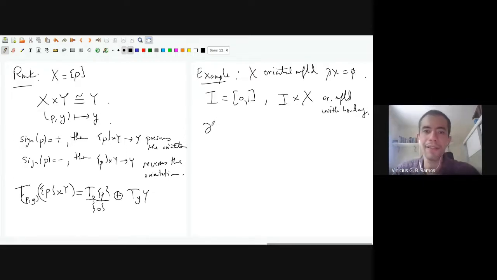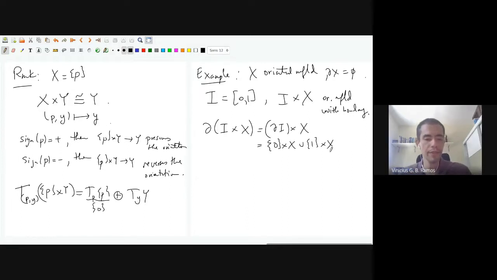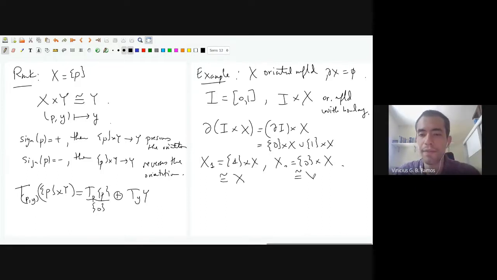Of course, as a set, the boundary of I times X is the boundary of I times X, so this is just 0 times X union 1 times X. Now you can call X1 the manifold 1 times X, and X0 is going to be the manifold 0 times X. And of course, they are both diffeomorphic to X. This diffeomorphism induces an orientation, which assumes that these points are positively oriented, like I explained here.